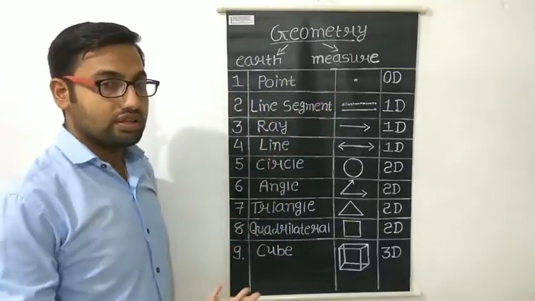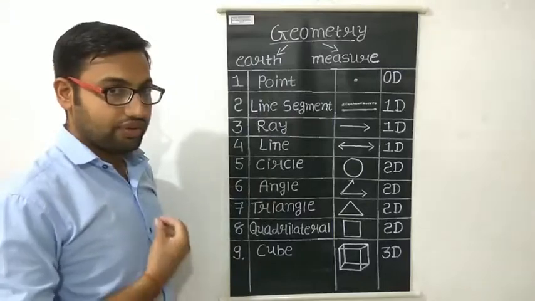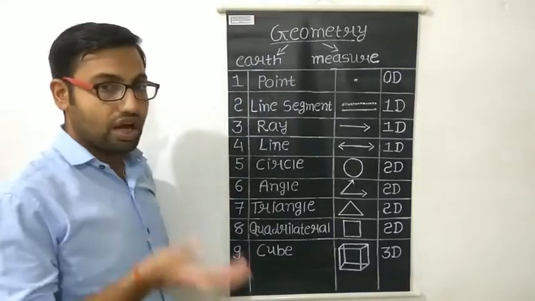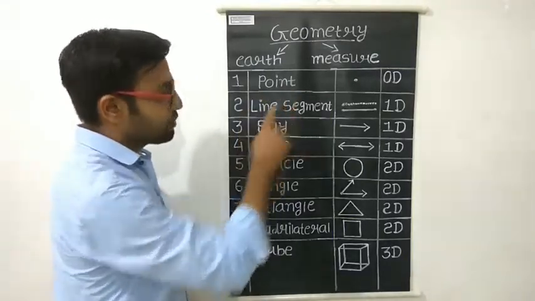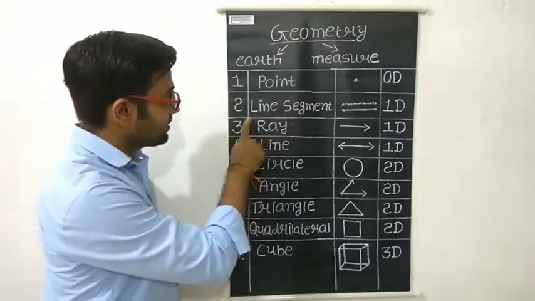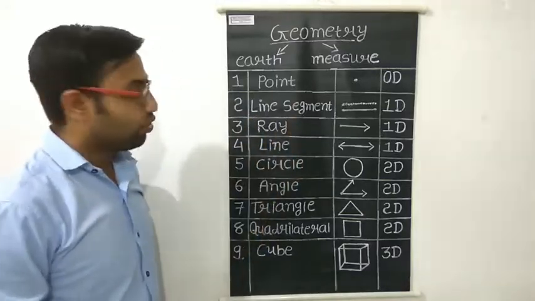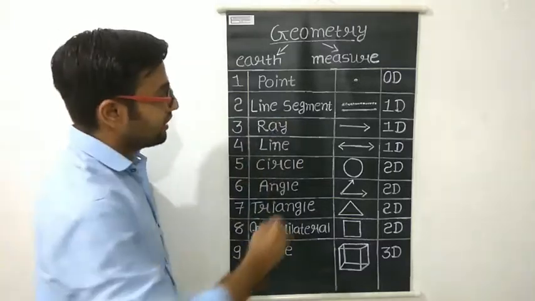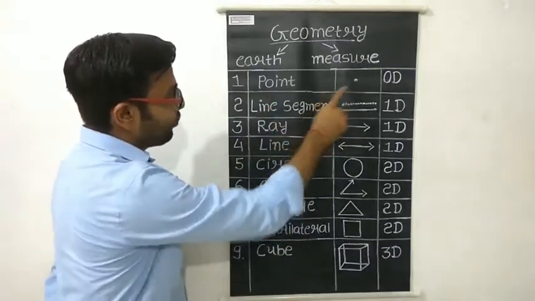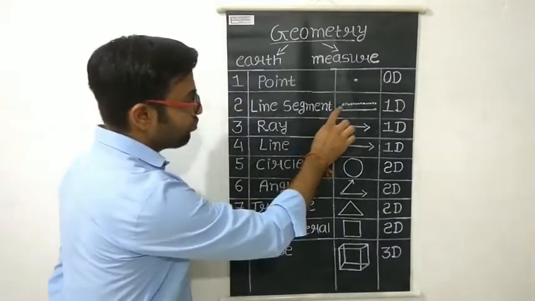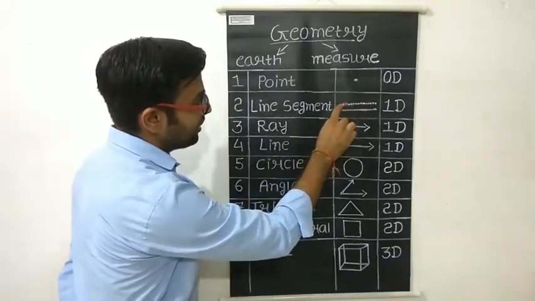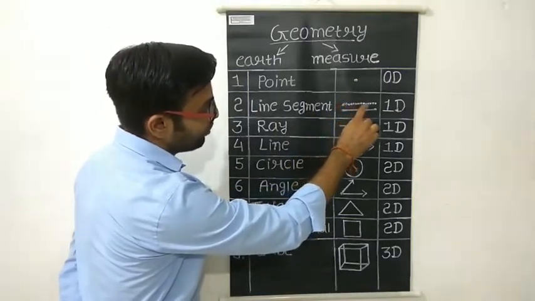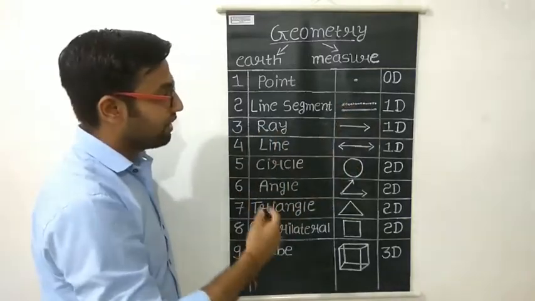So this is the very basic element, point. All the other terminology that we want to study next all depends on this point. Like the second one is a line segment. So what do we call a line segment? See, we have a basic element, point. If we put these points together in a straight line, then what will happen?